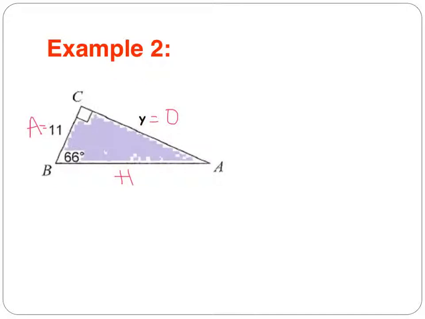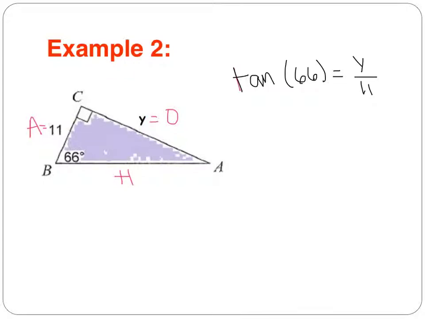Correct. We will be using the tangent function. Let's go ahead and make sure it's black. So tangent of 66 degrees equals the opposite, which is your y, over your adjacent, which is your 11.